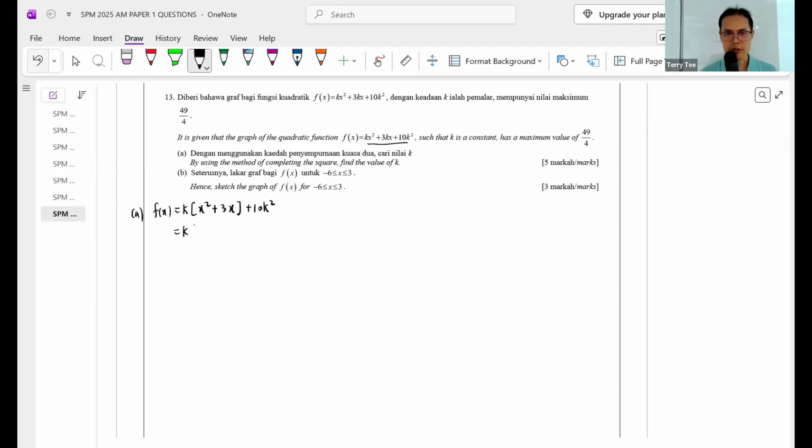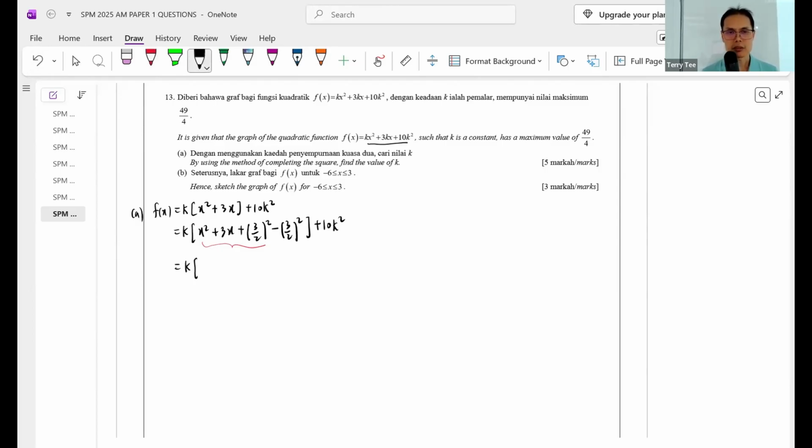Next, remember, in the process of completing the square, you're going to add a number. What number do I add here? Half of the coefficient of x, 3/2. You square it, then you minus the same number off, keep the 10k squared. Now, this first three terms I can add together.